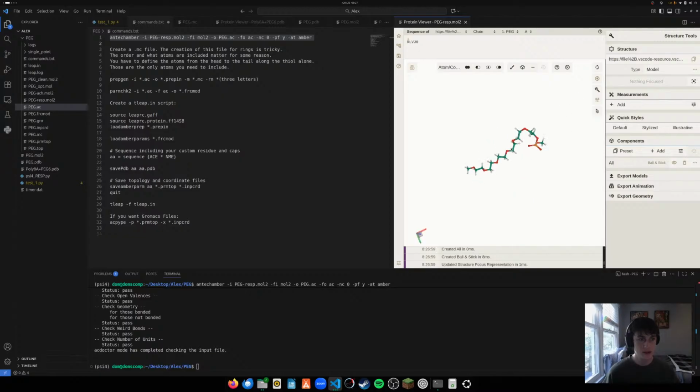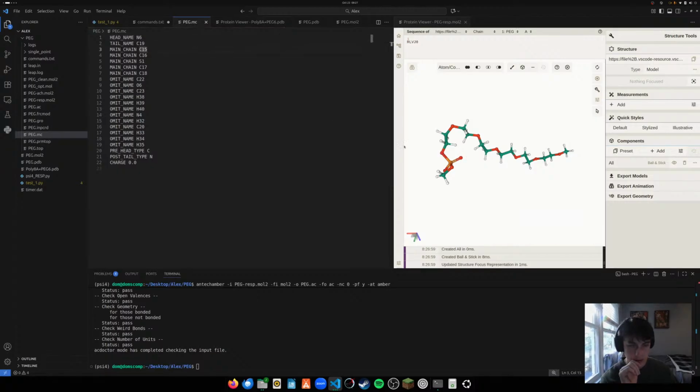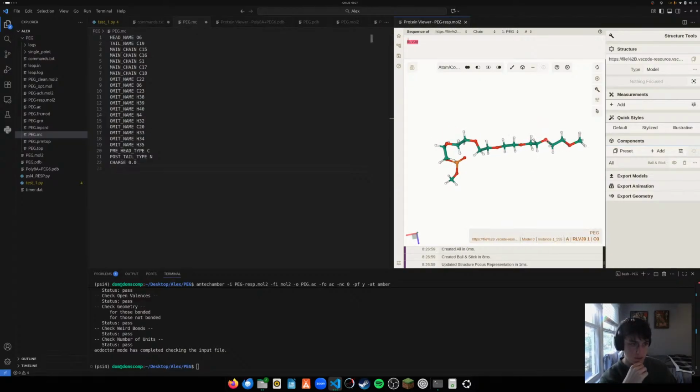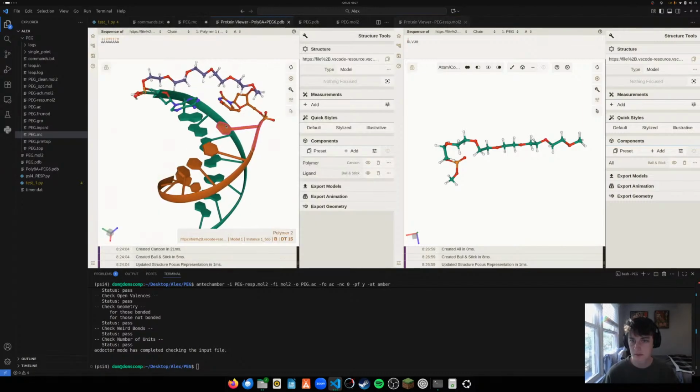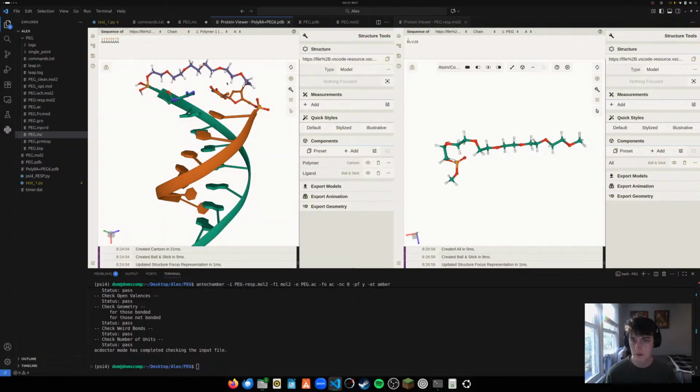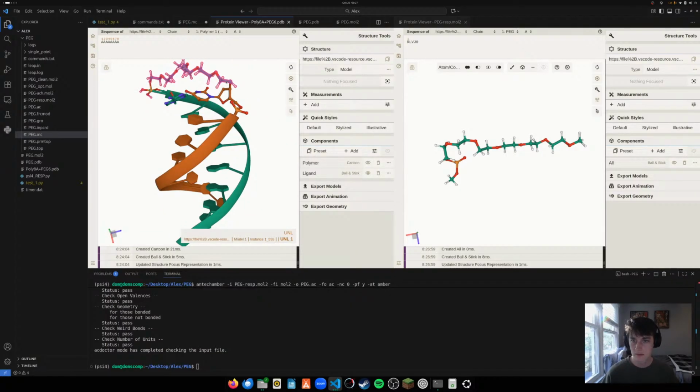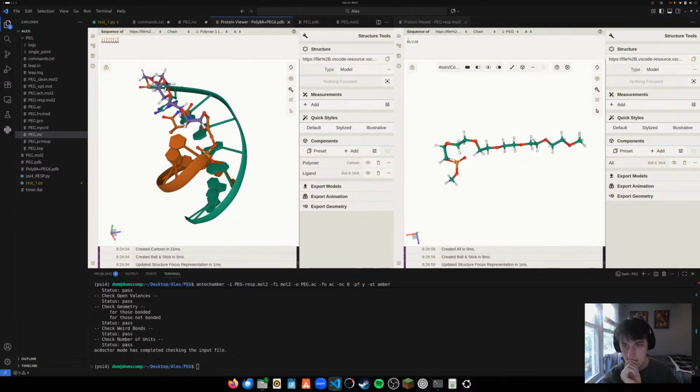Okay, so this is the head. So the head name will be O6. The tail name would be, I think this, O3. I need to look at this again. So we're talking over here. Now the tail name would actually be C14.